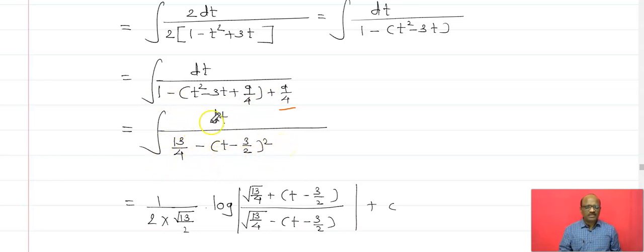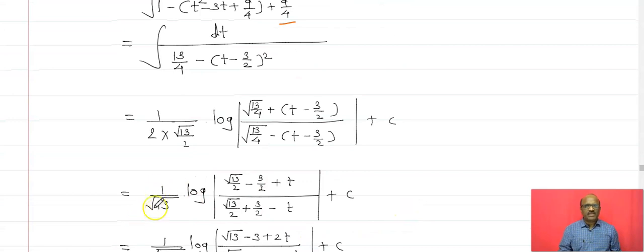Now here integral dt upon a square minus x square. It is of that form. That is 1 upon 2a log of mod of t plus a upon t minus, t plus x upon t minus x plus c. Therefore, we can write here 1 upon 2 under root of, that is 2a. What is the root of 13 by 4?